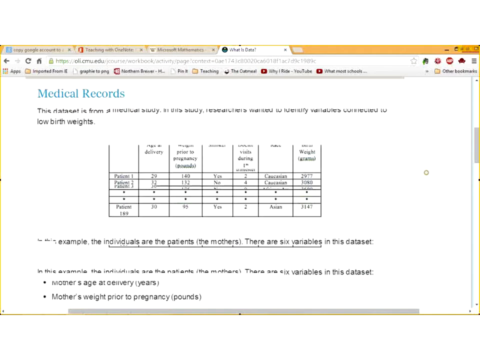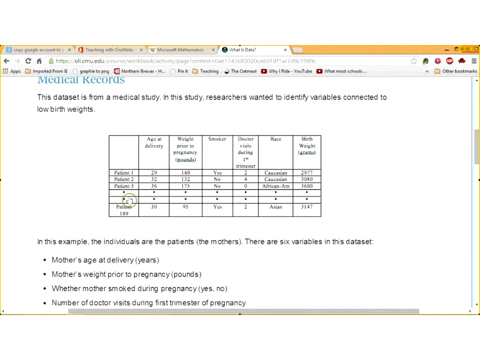So here's a data set from a medical study. The individuals are the patients, which are listed on the left-hand side, labeled only by number. It looks like these are women who are giving birth, and it has the age of delivery, the weight of each woman prior to her pregnancy, whether or not she was a smoker, the number of doctor visits in the first trimester, that is in the first 3 months of pregnancy, race, and birth weight.